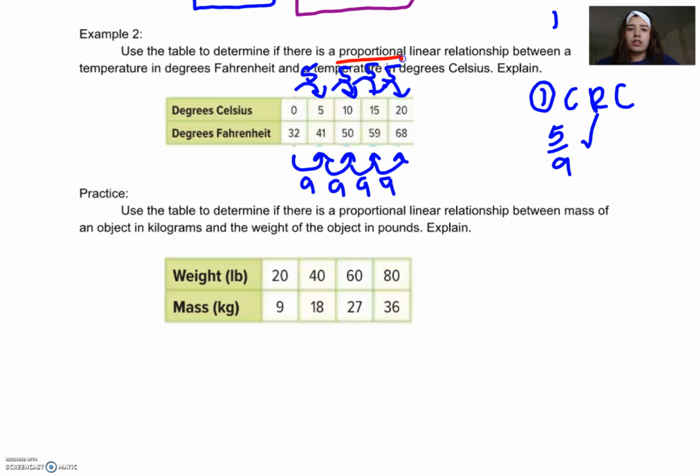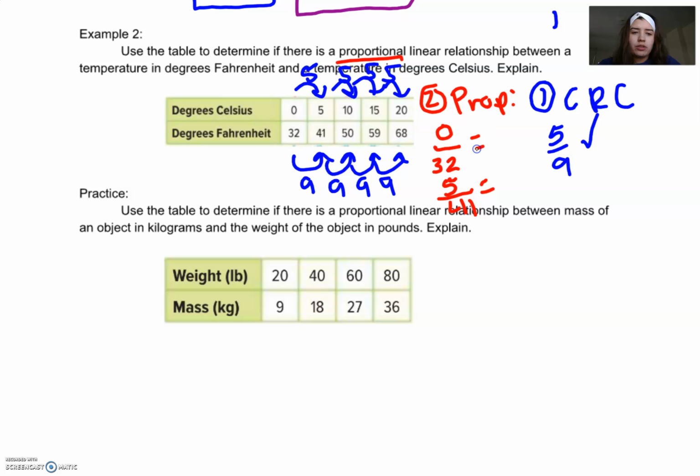Now we have to test if it's proportional. So how we test if it is proportional is by taking our degrees in Celsius and dividing it by that Fahrenheit pair. So let's just take 0 over 32 and 5 over 41.